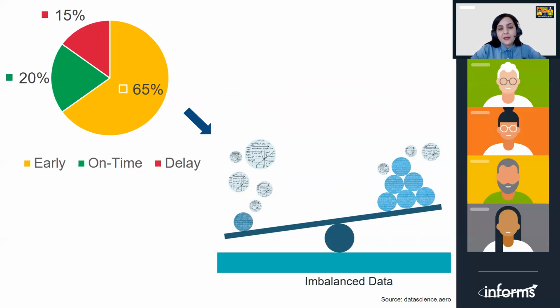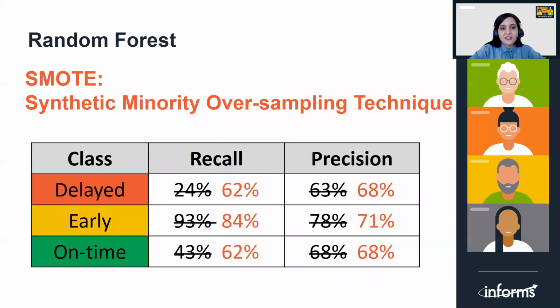We used a technique from data level, which is the synthetic minority oversampling technique, SMOTE. By this technique, we oversample the instances in the minority classes, sometimes by simply duplicating them, or sometimes by oversampling them using k-nearest neighbors, which we chose.